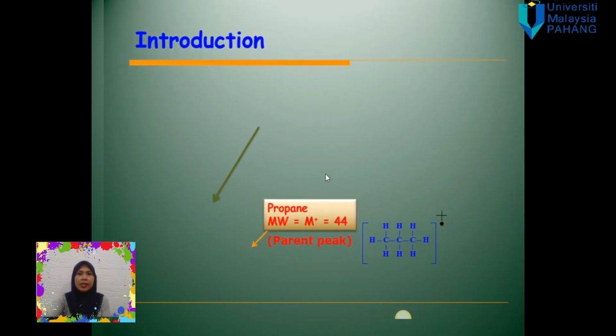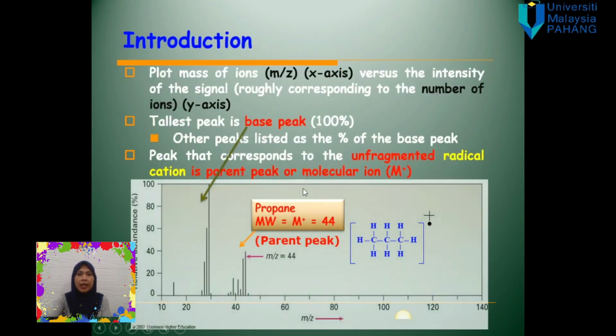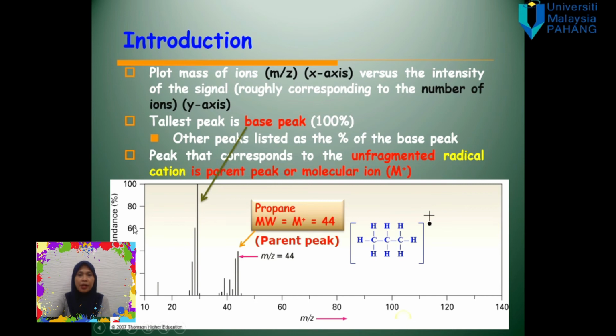Let's see the mass spectrum. This is how the mass spectrum looks, where the x-axis is the mass to charge ratio and the y-axis is the relative abundance of the ion. Where is the molecular ion peak? The last peak, or the highest mass to charge ratio, is called the molecular ion peak, or another term is the parent ion.